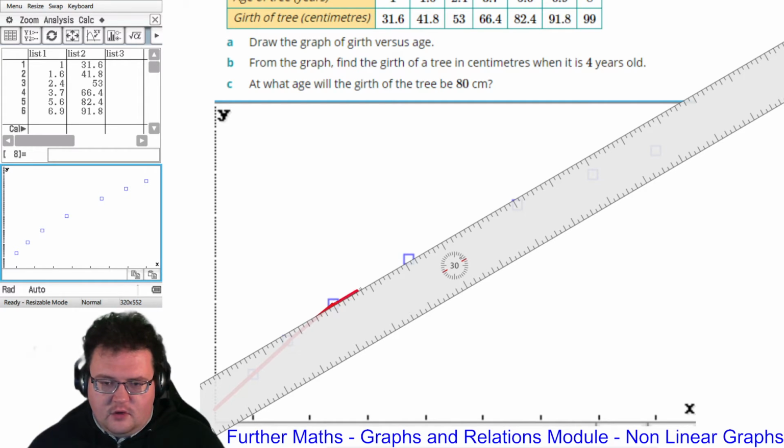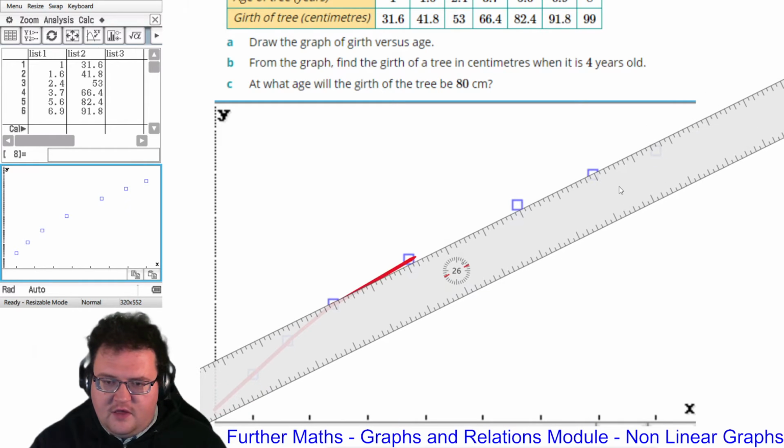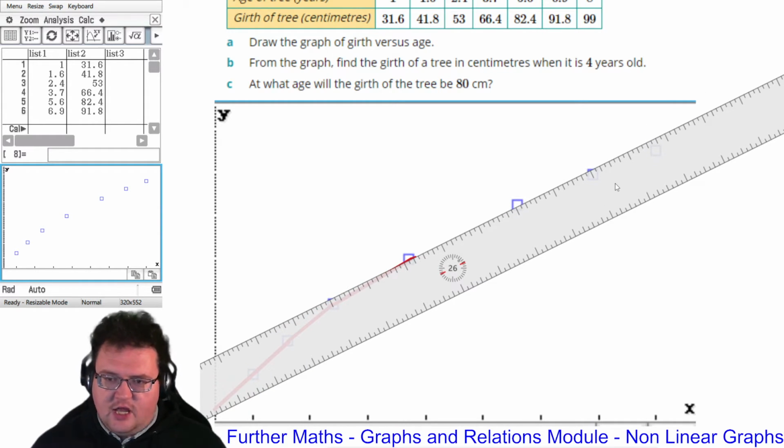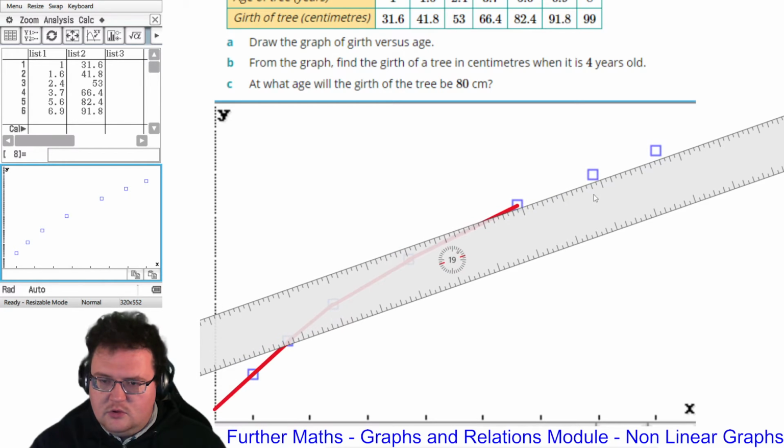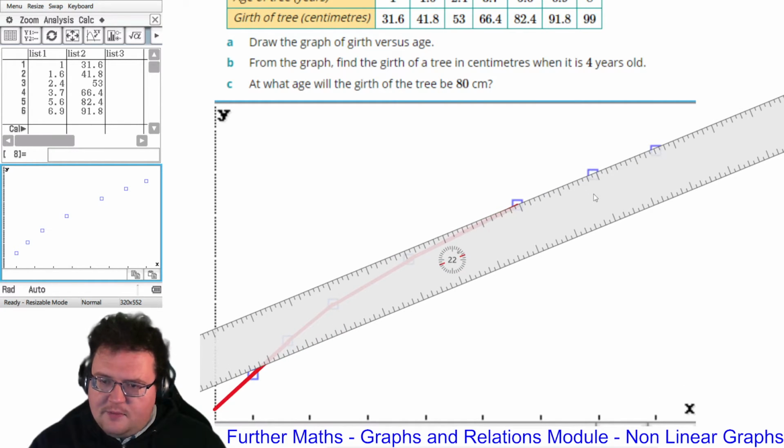Go through, connect the dots as best I can, and I think you guys are correct in that there is a slight curve in here. And it gets more and more obvious the more I draw it. What's happening to the curve though?